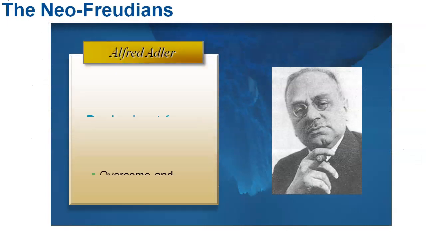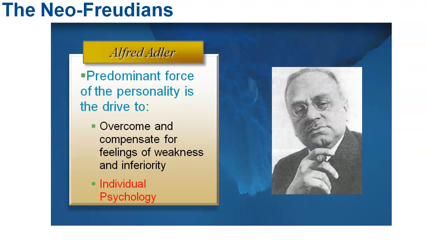We then have some Neo-Freudians. So Alfred Adler had the idea of the creative self, which I know we talked about, of being motivated to not feel inferior and all of that. But he also coined what's known as individual psychology.